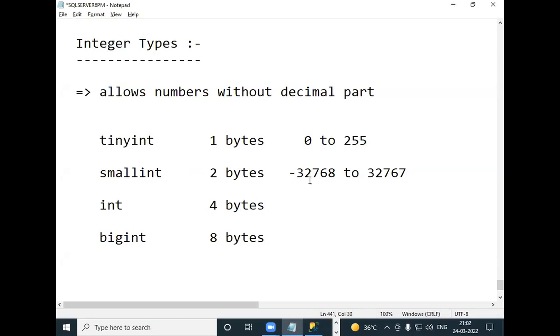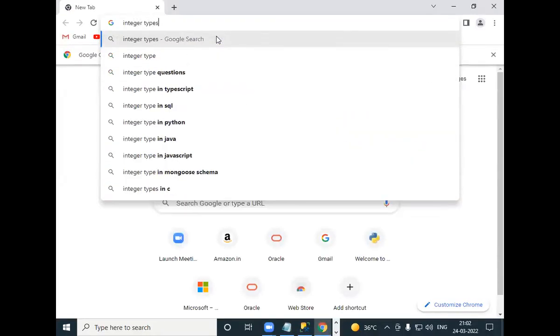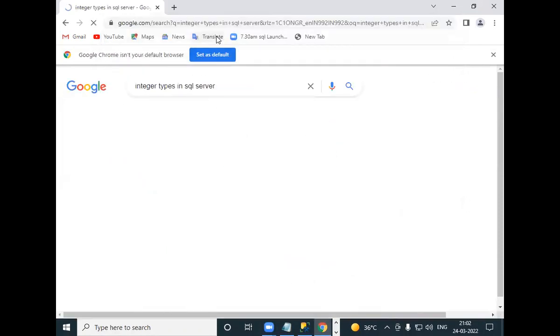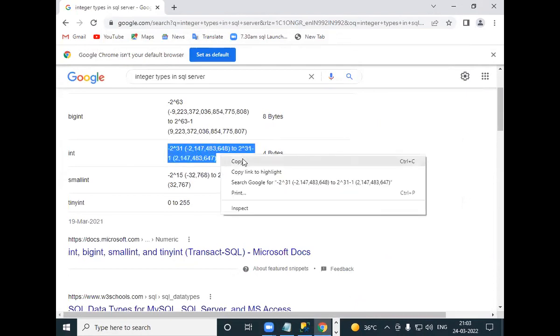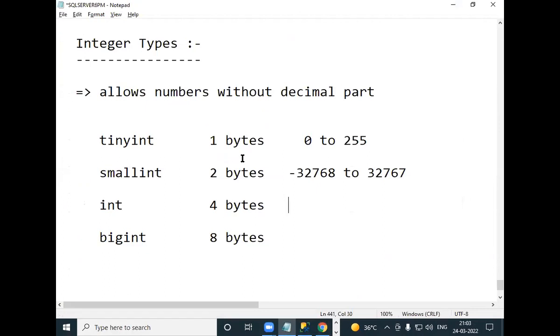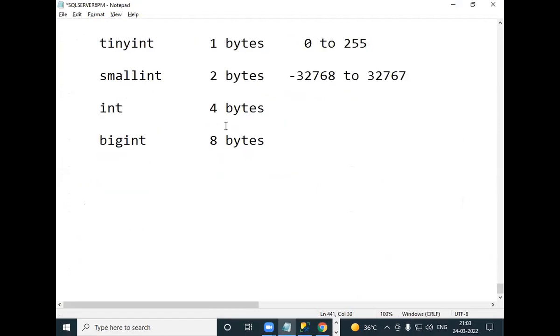Then, integer takes how much? Integer takes 4 bytes. 4 bytes means how many bits? 1 byte equals 8 bits.